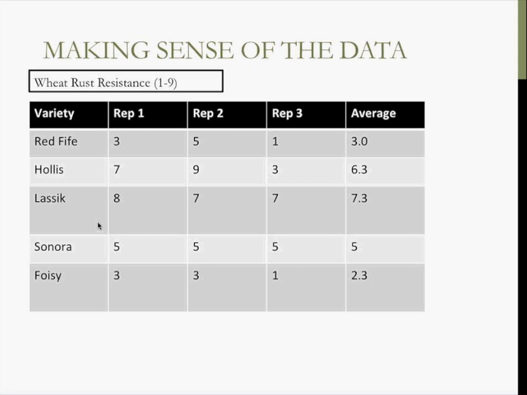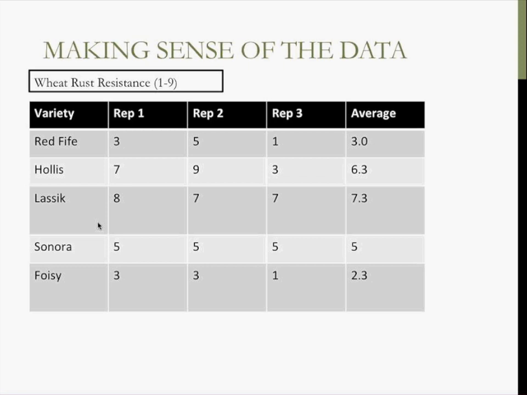One of the simplest ways to summarize and simplify your data for analysis is just taking an average. If you average across the 3 times each of these varieties was planted in the field, you get a sense of overall how much rust resistance you were observing in this trial. You could put these in order and say, okay, looks like Lassic came out on top.